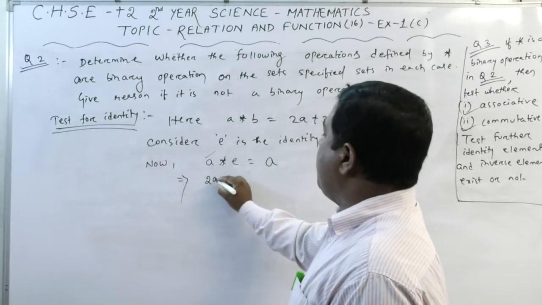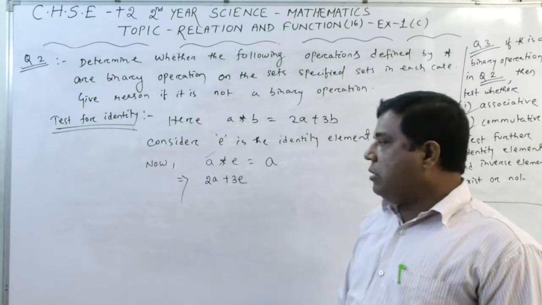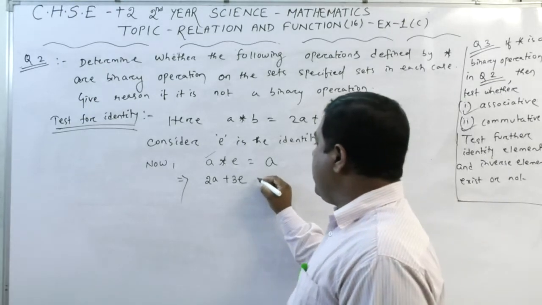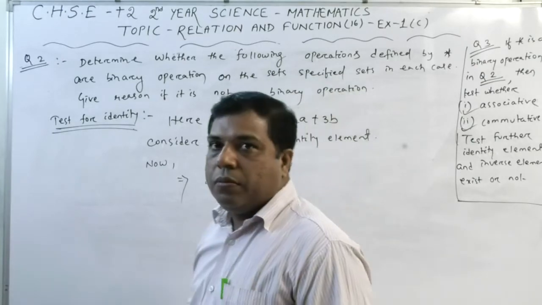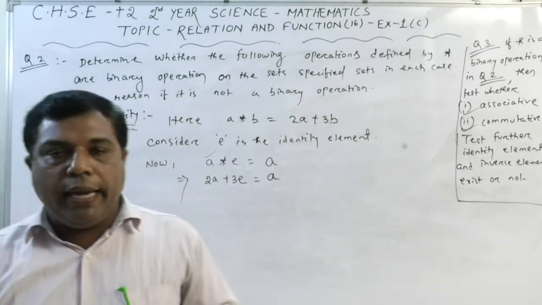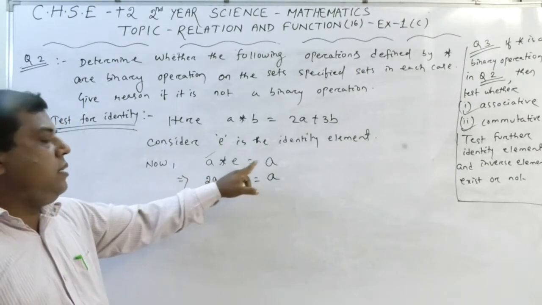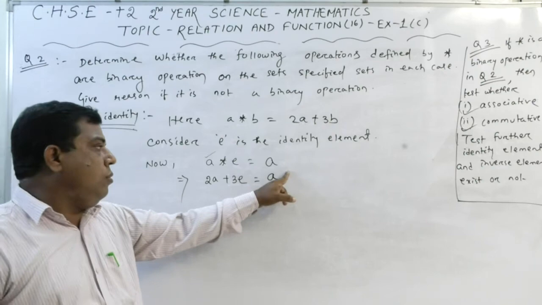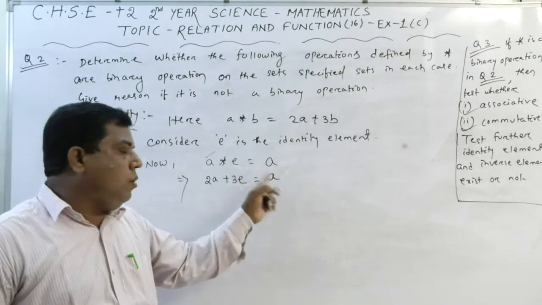It is 2A plus 3E. So what we get? 2A plus 3E is equal to A. Yes or no? Let us verify again. We take A star E, and A star E is equal to A. So that implies 2A plus 3E should be equal to A.